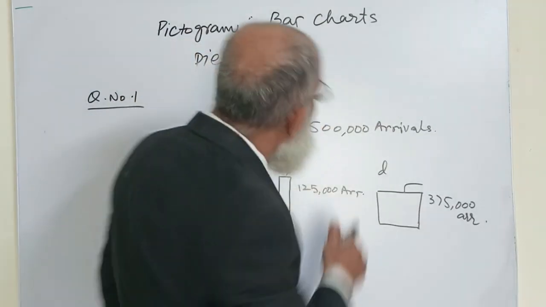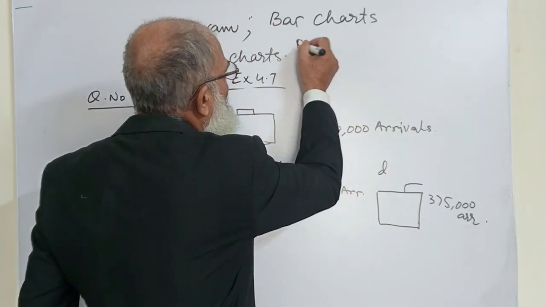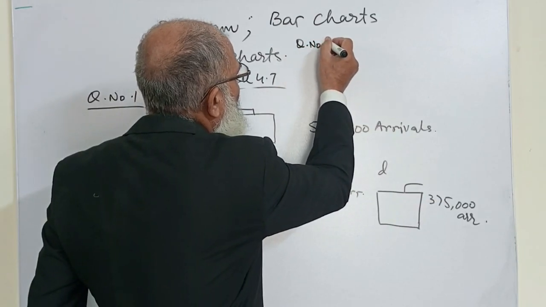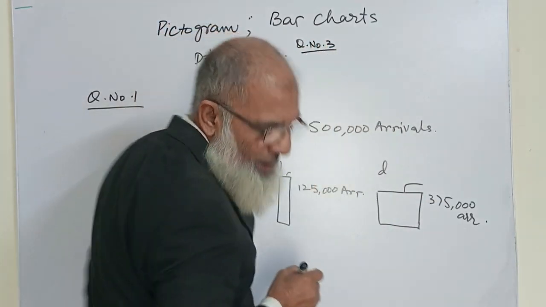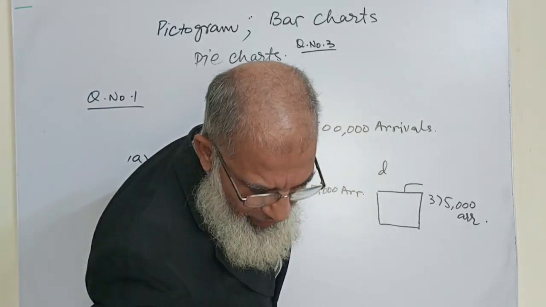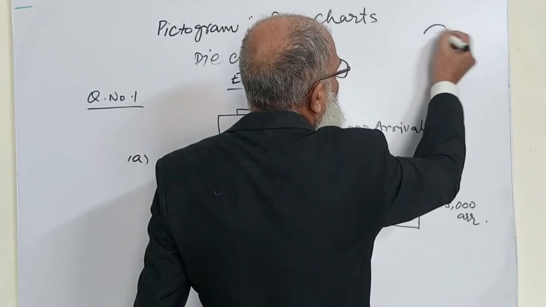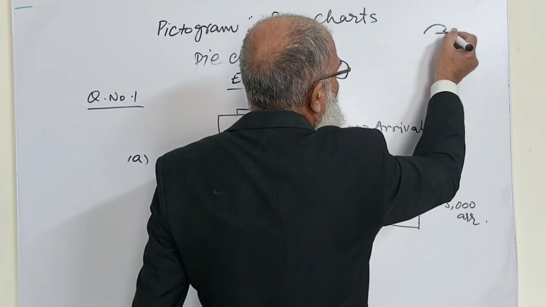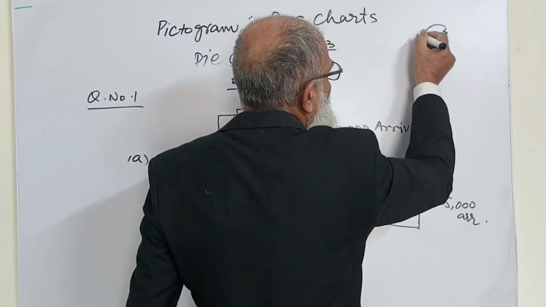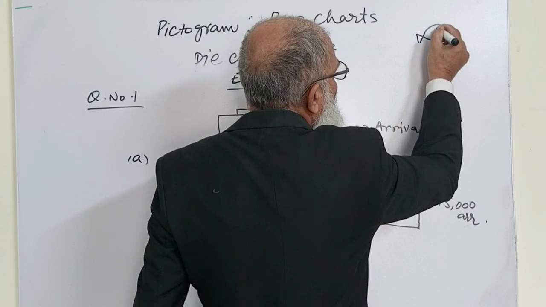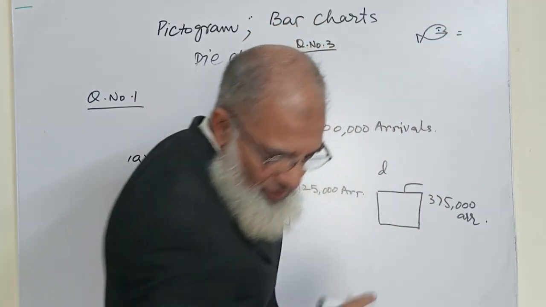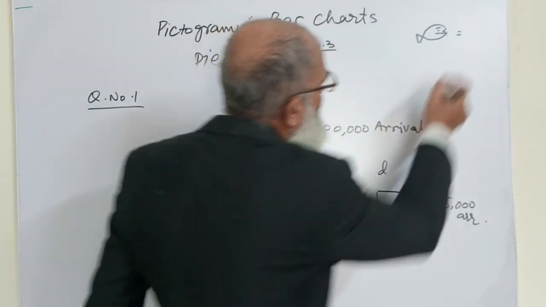Now there is question number 3. You can do question number 2 by yourself. Now question number 3 is, the key is given that there is a fish. Now this fish means how many fish? 70 fish.